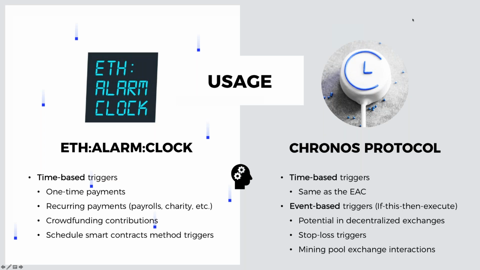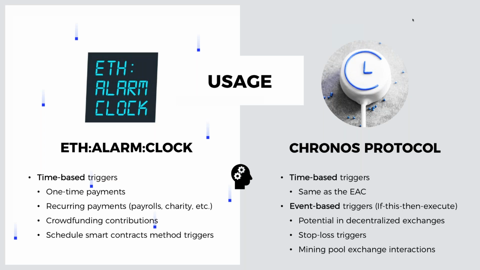The use cases include the DEXs, the decentralized exchanges. We also have stop loss triggers. With all these exchanges, based on the price feed from the exchanges, which is on the blockchain, you could schedule your stop loss.